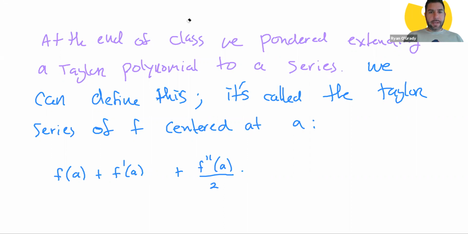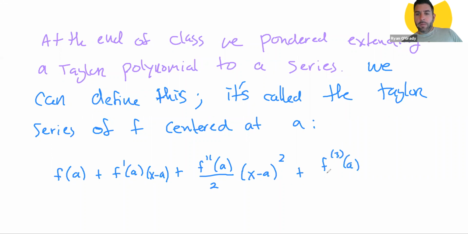This is not just x. This is the quantity x minus a, and then this is the quantity x minus a squared. And then the third derivative evaluated at a over 3 factorial, and then that's times the quantity x minus a cubed. And then this pattern goes forever and ever and ever.